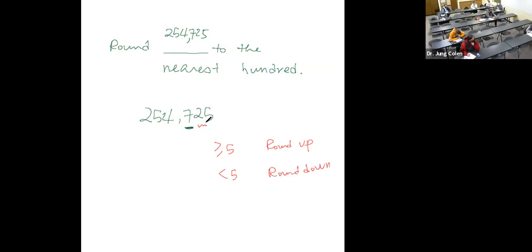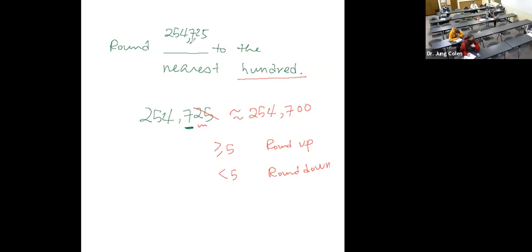So in our example, it says 7 2 5. 2 is less than 5, so you need to round it down, which means you can just drop it. And that's approximately 254,700. When you're rounding to the nearest 100, you're going to read it as something, 100.